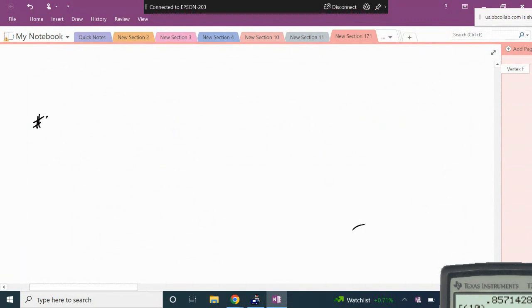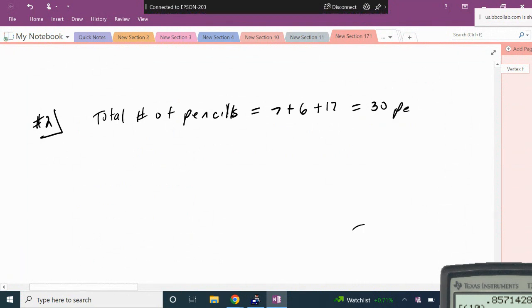All right, so we have 7 orange pencils plus 6 red pencils plus 17 purple pencils. So that gives us a total of 30 pencils to choose from, right? So that's going to be our denominator. There's 30 pencils in this jar, right? That's our base total.